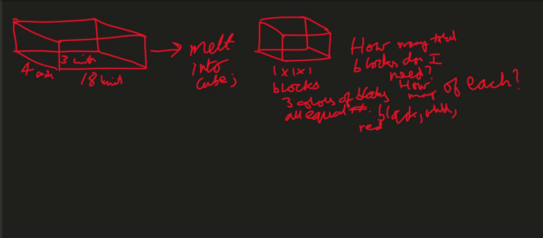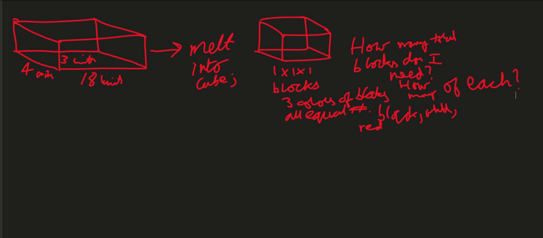All right, so first, my thought process is, since you said we need to find an equal number of each color, I decided that the rectangular prism is basically the same thing as the cube, it's just merged into a different shape, so the dimensions are technically still the same.